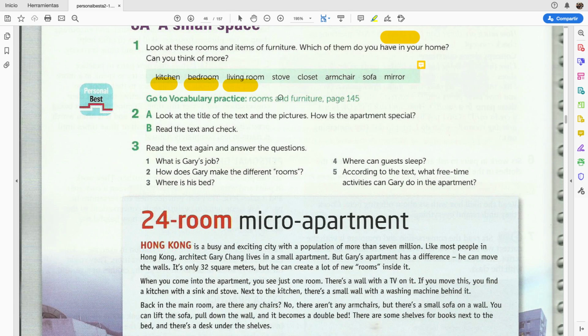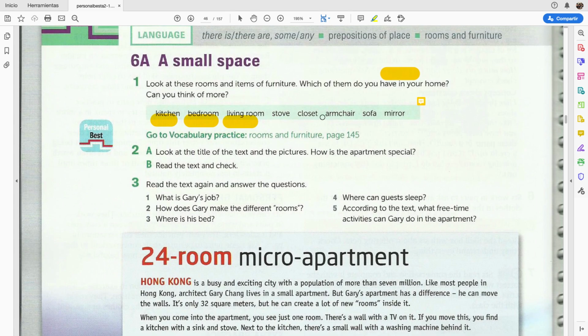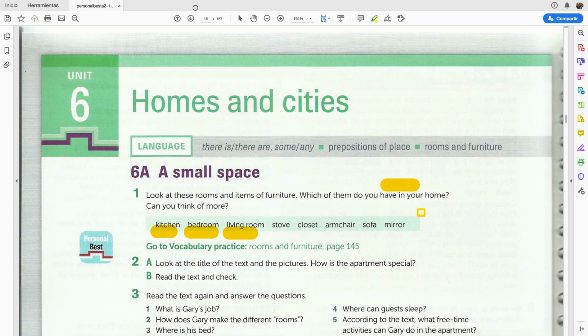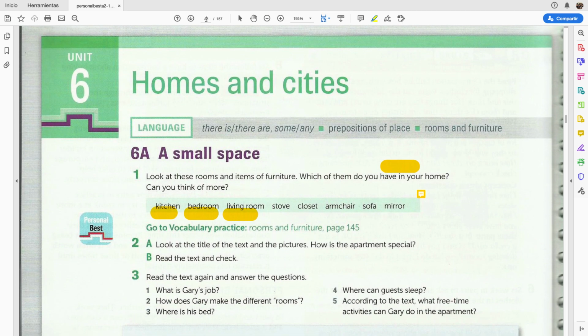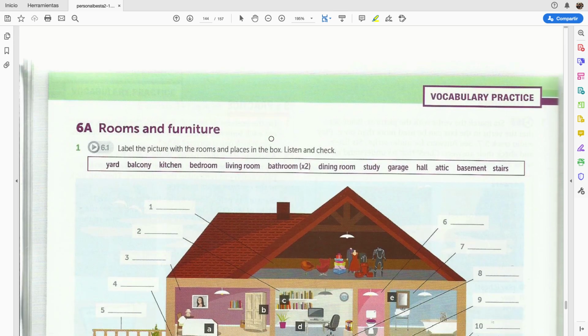So to see more words related to furniture, to objects in the house, and also related to rooms at home, we are going to go to page 145. Here says go to page 145, and there we are going to see more words related to furniture. So if we go to page 145.